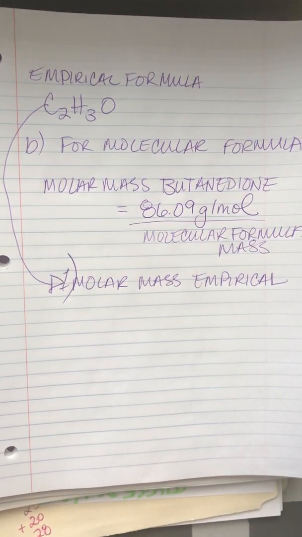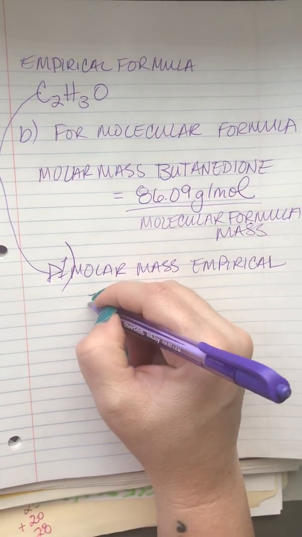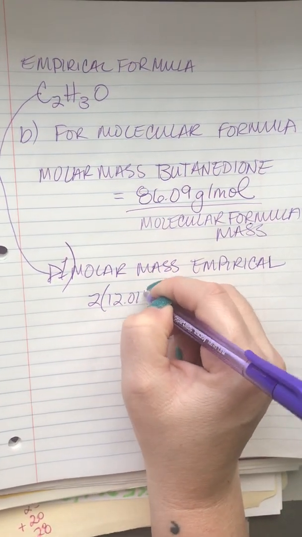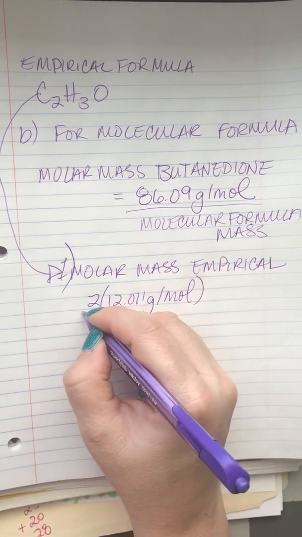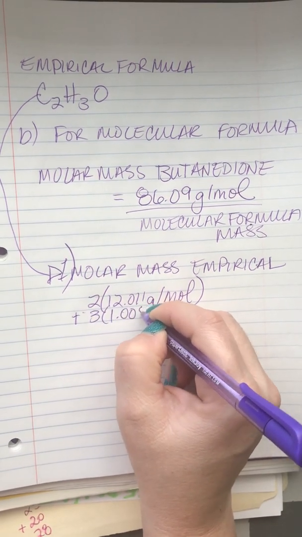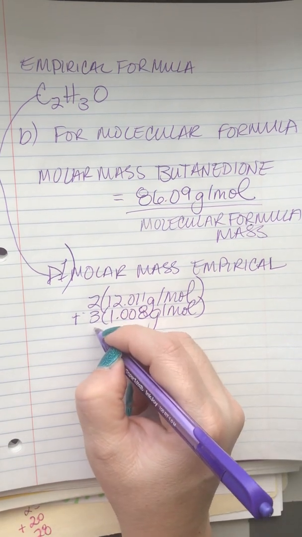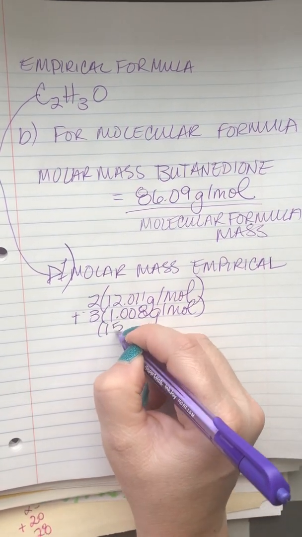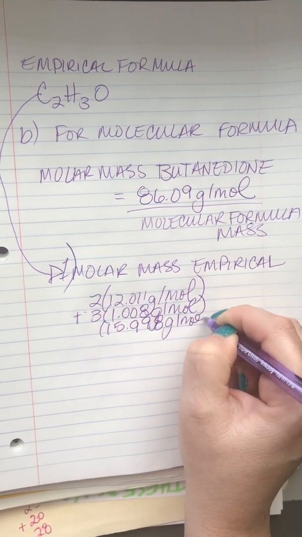So, we have 2 times 12.01 grams per mole plus 3 times 1.08 grams per mole and 1 times 15.998 grams per mole.